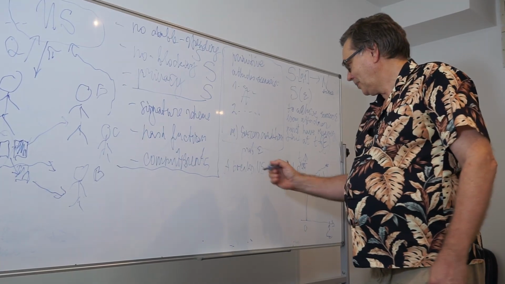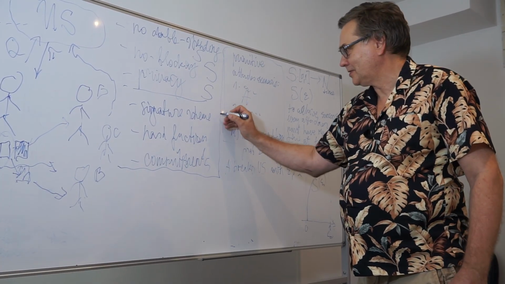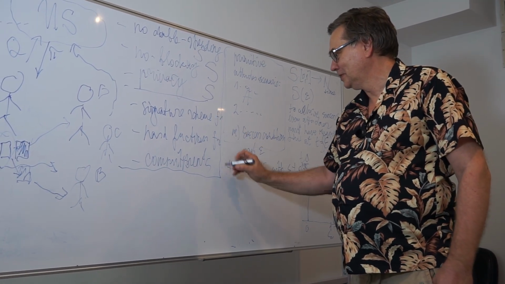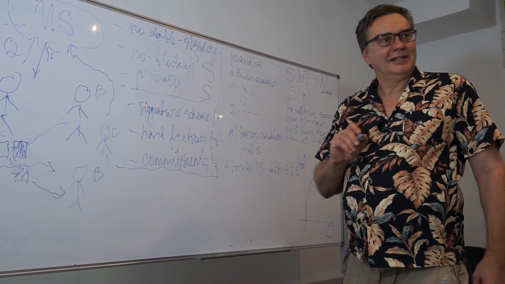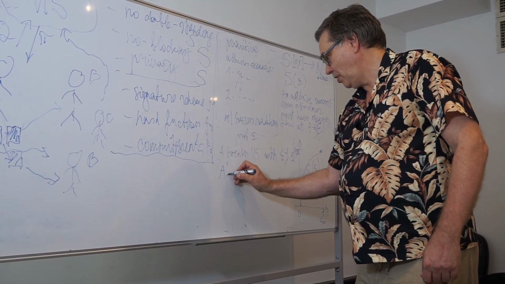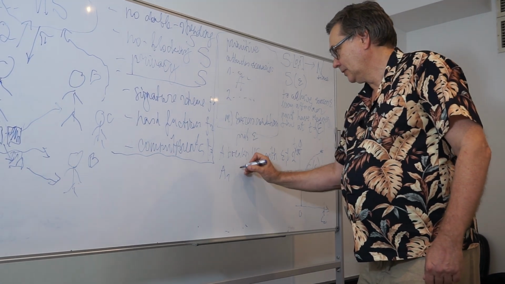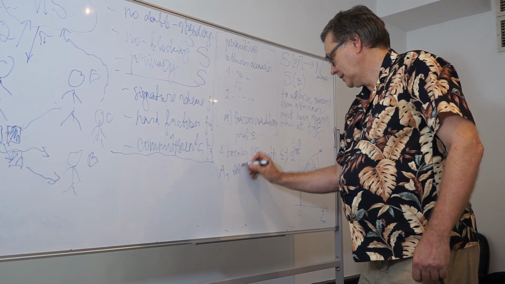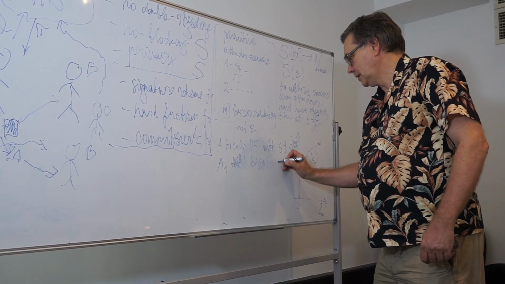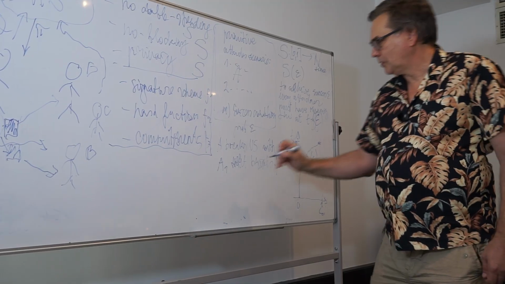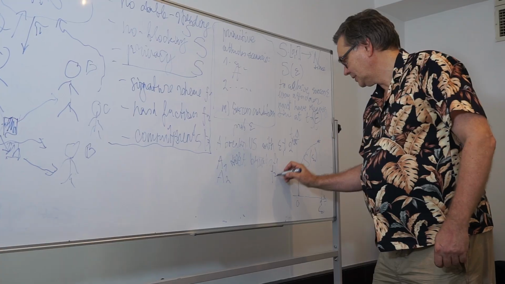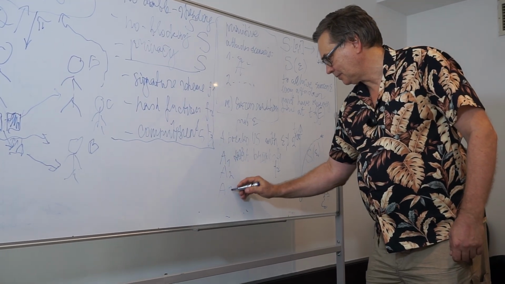Say the signature scheme is F1, this is F2, and this is F3. So we want to construct A1 that breaks F1, and we want to construct A2 that breaks F2, and A3 that breaks F3.